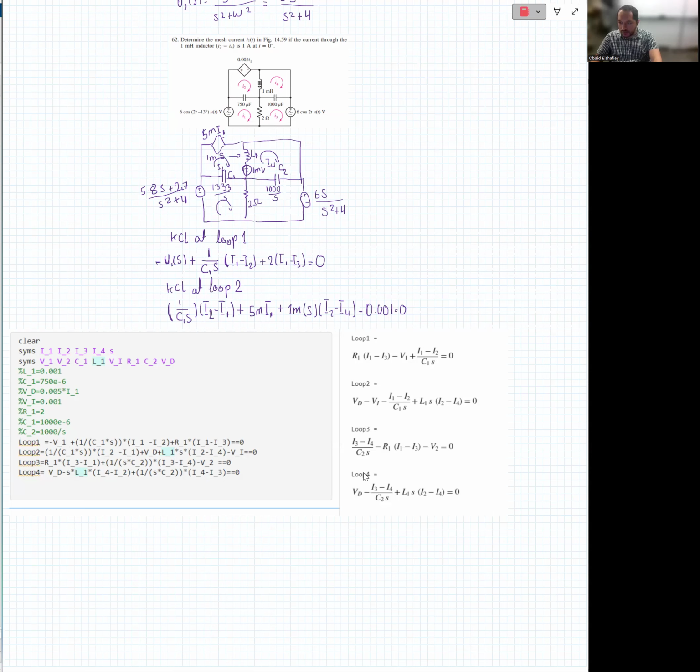If you are satisfied with the output, you can plug in the values for C1 and C2 and V dependent. You can plug in all the values, and you can use functions like solve. You give it the four loops and the four unknowns, I1, I2, I3, I4, and you will get the values. You'll get it automatically solved.